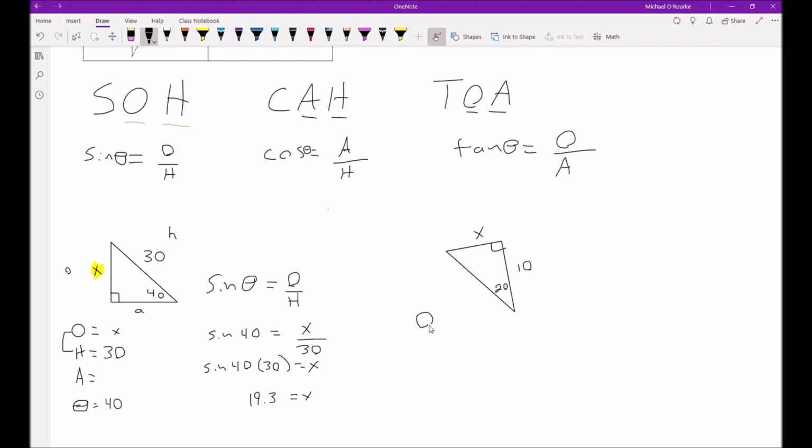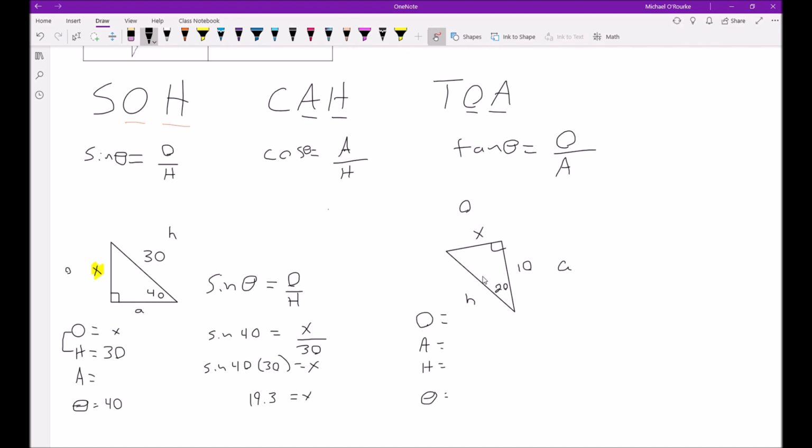So as I did with the other one, I start with writing everything down. I'm going to figure out what I have and what I need. Let's label my diagram first. Hypotenuse, opposite, adjacent.